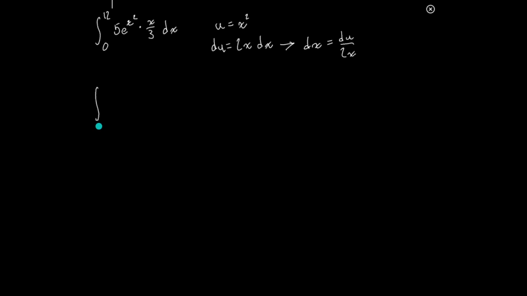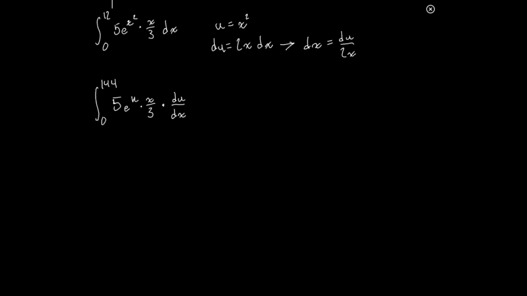So 0 squared is 0, and 12 squared is 144. Now, 5 times e to the x squared, which turns into u, times x over 3 times whatever dx is equal to, which is du over 2x.